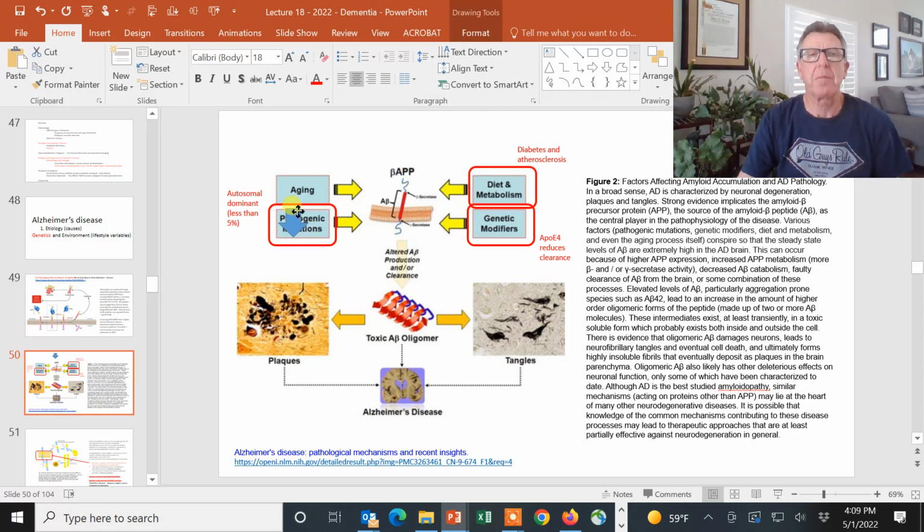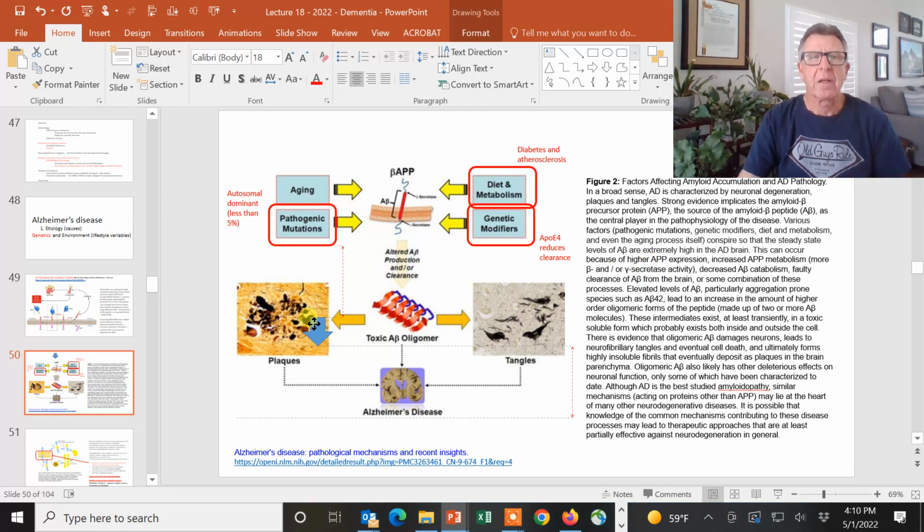Then there are the mutations that are the big focus. When all these factors are considered, you're going to have either altered production of this A beta 42 amino acid. Again, 42 is the toxic one, 40 is okay, so it's altered production or clearance.